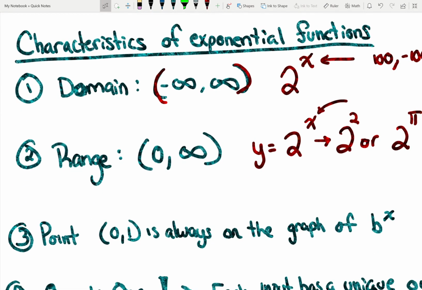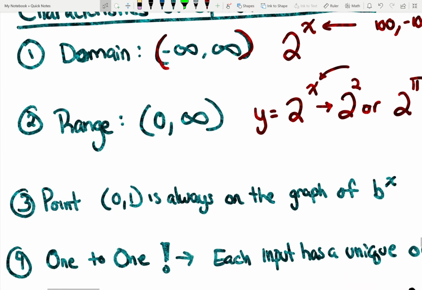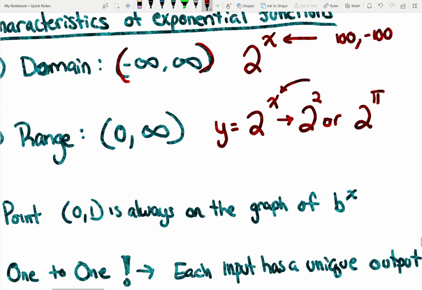Okay, another thing is that the point (0, 1) is always on the graph for a basic exponential function that has the form b to the x. And why is that? Because anything raised to the 0 power is always going to equal 1.